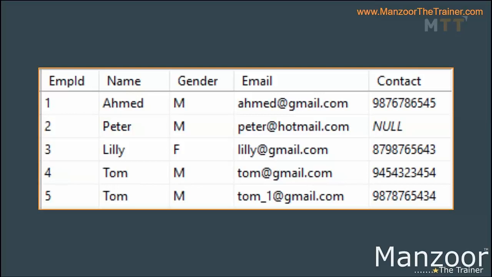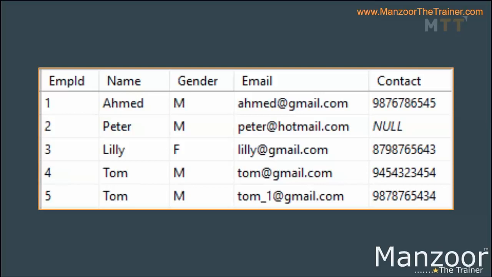Using email also I can identify a row uniquely. Now if I use name, if I say Tom, how many Toms do we have? So it is not unique. I cannot identify a row uniquely. If I use gender, no. If I say male, it is not unique. Contact number, no. If I say people with null contact, people who do not have a contact number, you will get a number of records.